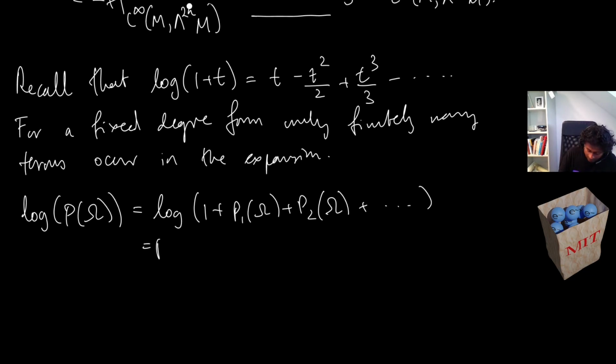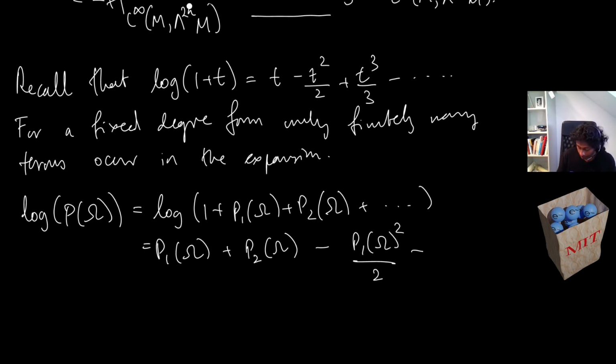So what we get is P1 of omega plus P2 of omega minus P1 omega squared on 2 plus, and so on and so forth. Okay, so this is what we end up getting.